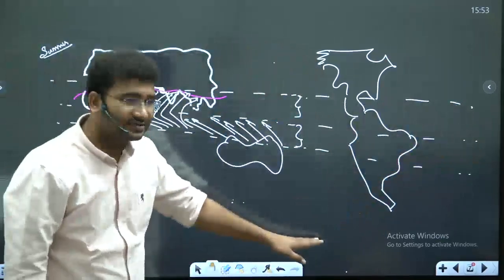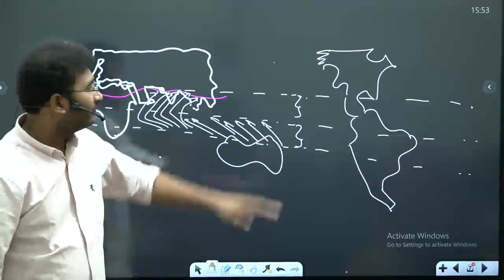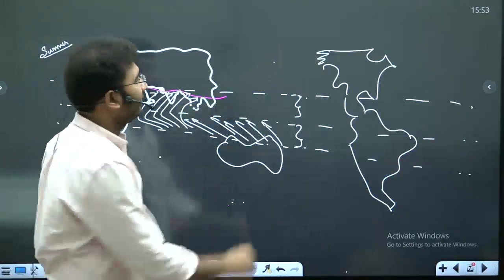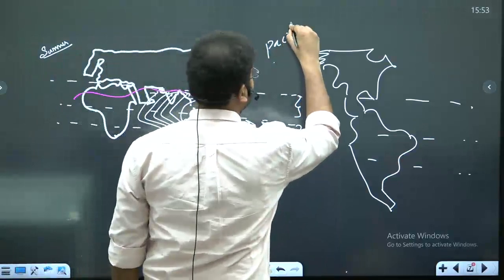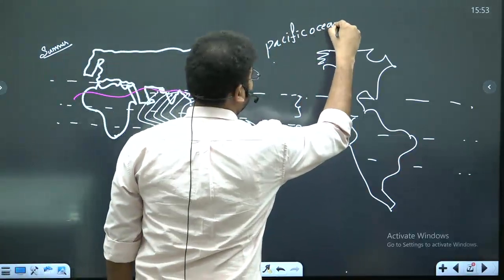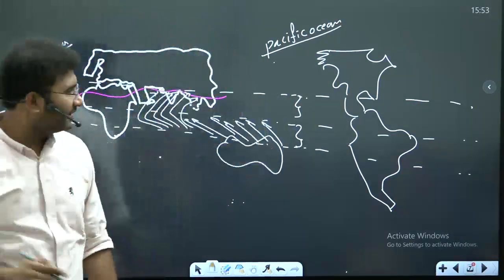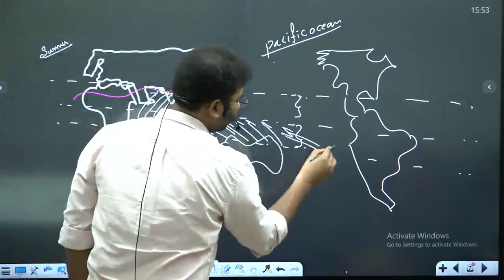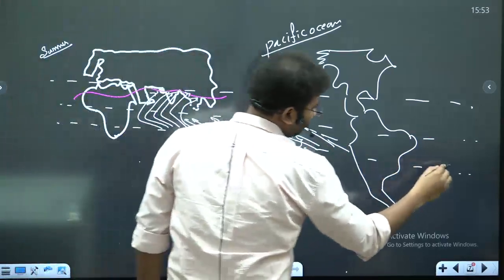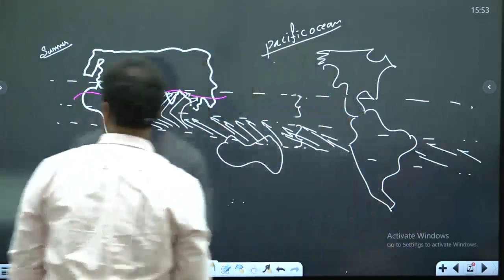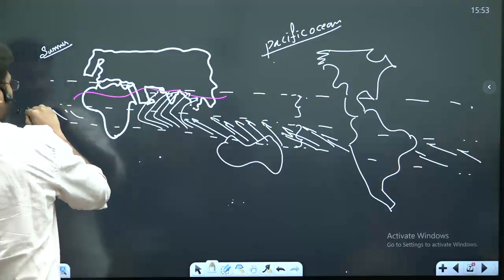Now which ocean is this? Which ocean is this? It is Pacific Ocean. So ये है normal times में जो wind system है ना, ये ऐसे जा रहा है. Got it?